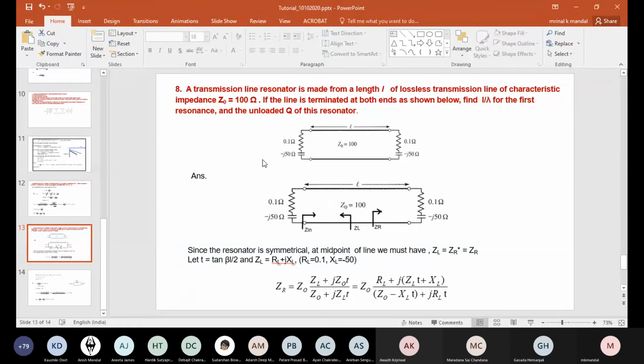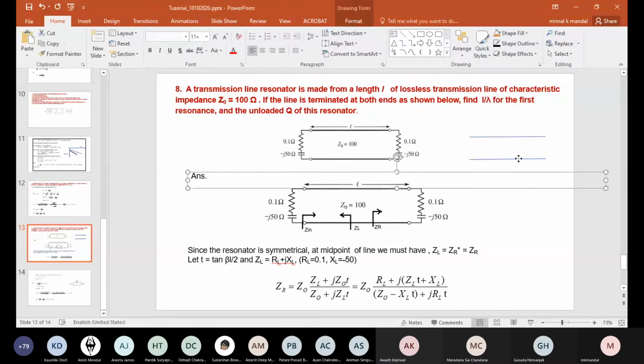Then how to approach? Well, we use another property, that since it's a transmission line resonator, okay, now forget about this. Let us consider open circuit at both ends. Section of transmission line open circuited at both ends.